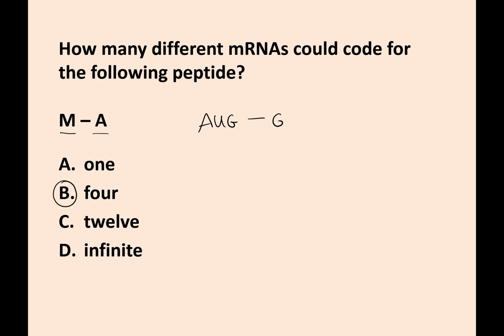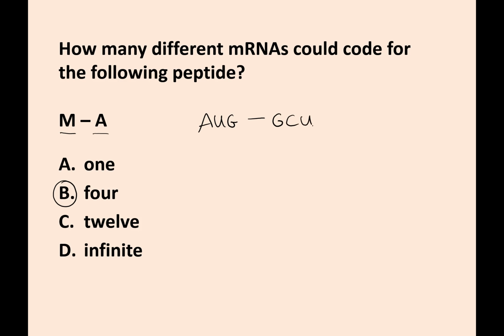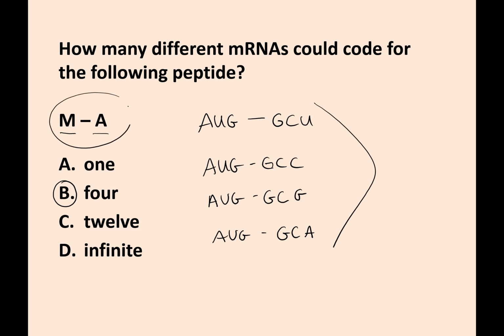So AUG GCU, or AUG GCC, or AUG GCG, or AUG GCA. All of these encode for the same peptide, the same 2 amino acids, methionine and alanine. So that's an example of how the genetic code is redundant.